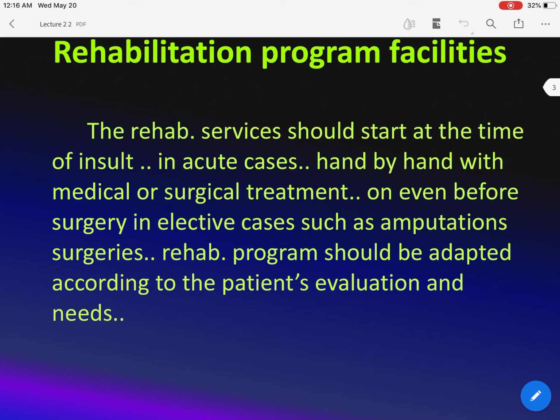The level of amputations, the level must be decided by the orthopedic surgeon and the rehabilitation man, which are very important for the next step, which is prosthetics, the shape of the limb, the type of the limb, types of limbs. It is responsibility of rehabilitation.